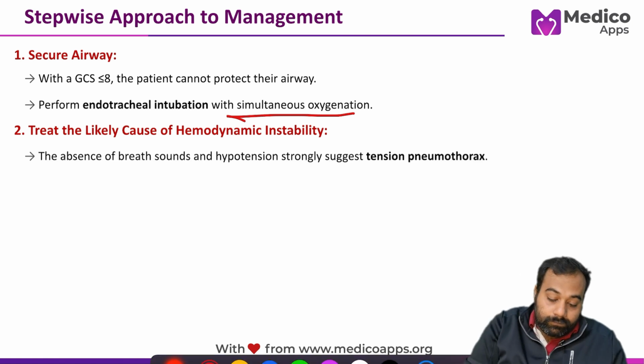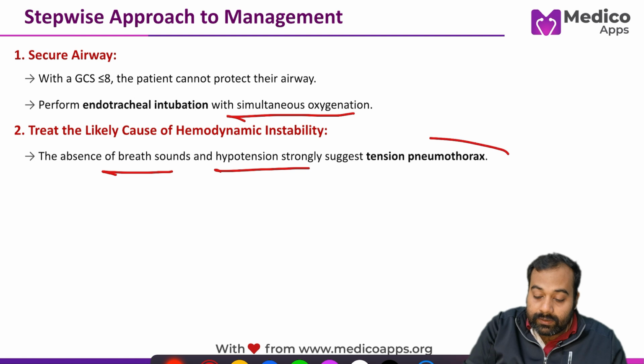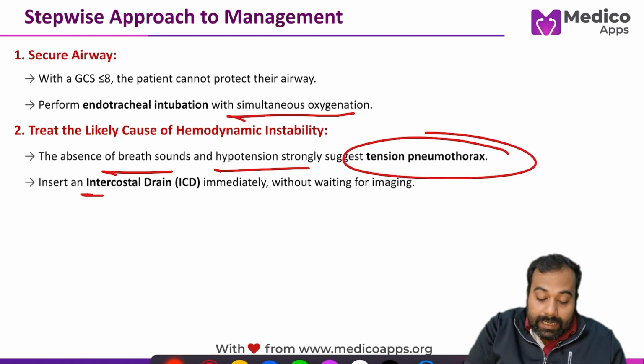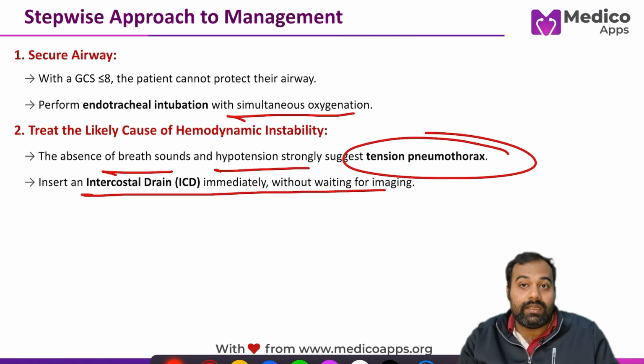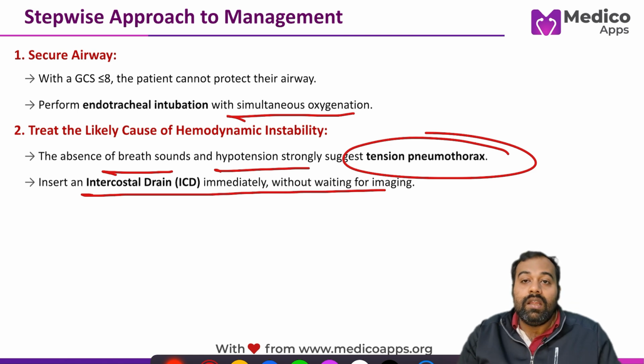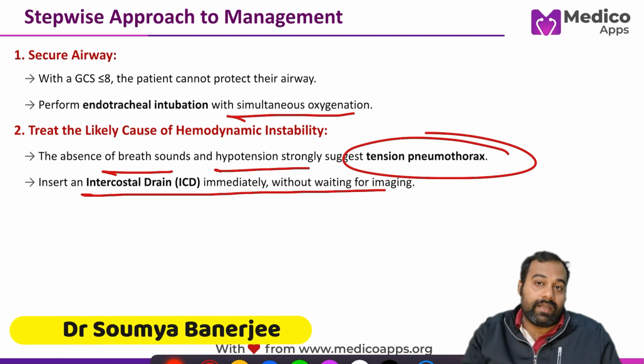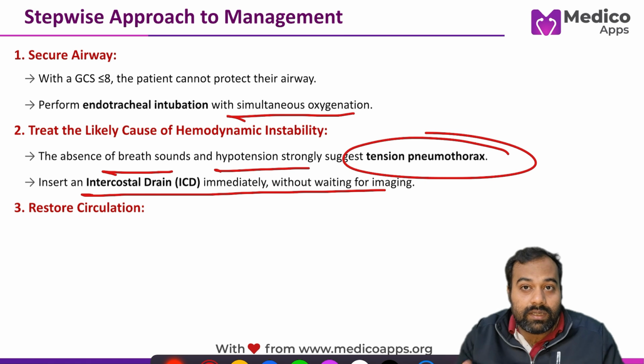Absent breath sound with hypotension is suggestive of tension pneumothorax. So here you need to go for an intercostal chest drain immediately without any further delay. Then you can confirm that with the chest X-ray, followed by circulatory restoration.